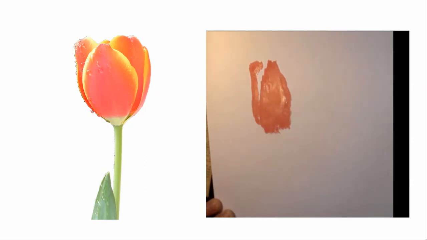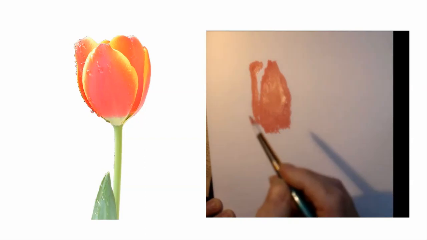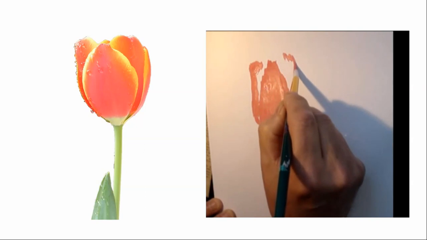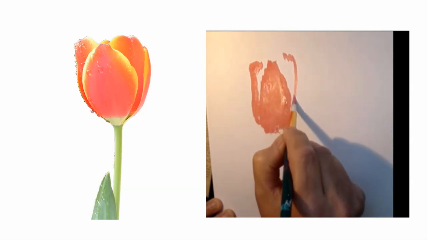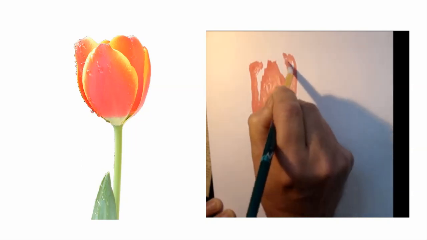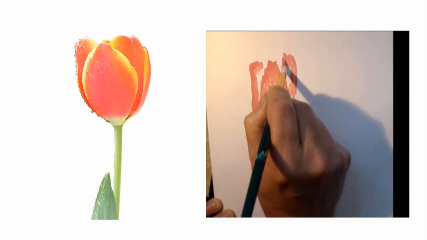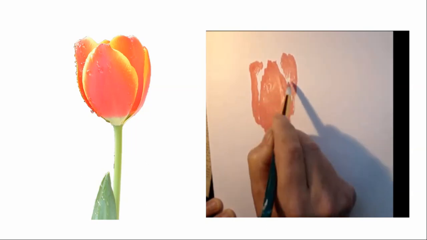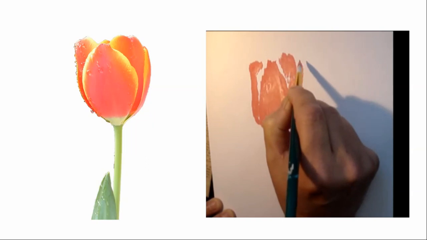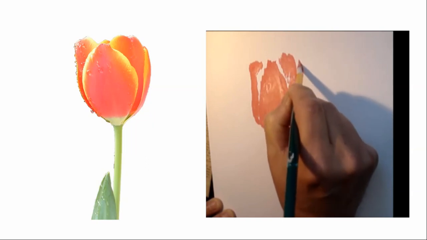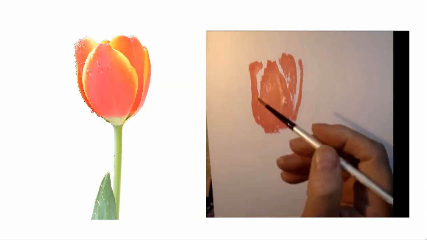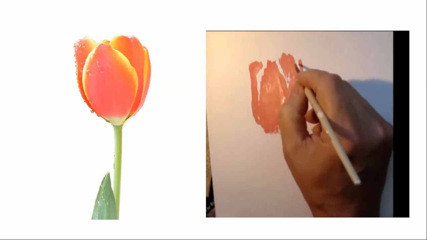And once again, I'm going to use the wet on wet, where I'm applying wet paint on top of wet paint. Now the third petal. And this fourth petal. And note that I'm leaving some gaps here, and this of course is for the yellow, which now I will apply.